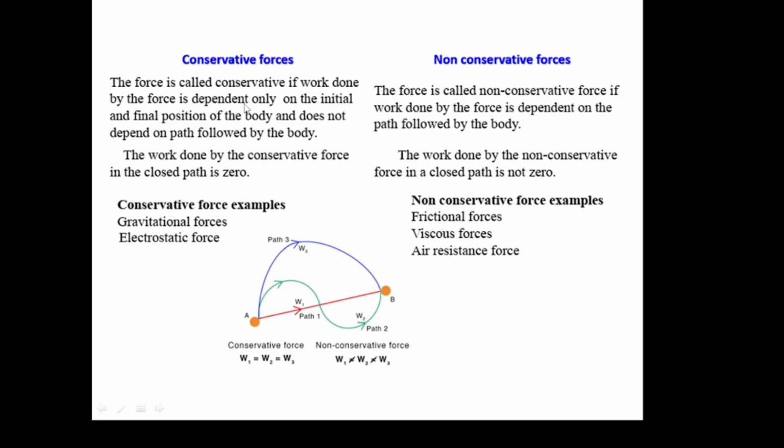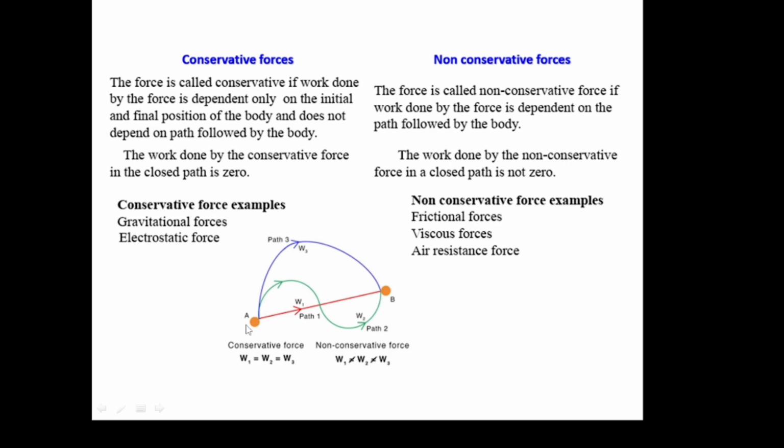A force is called conservative if the work done by the force depends only on the initial and final position of the body and does not depend on the path followed by the body. That means the work done by a conservative force in a closed path is always zero. Examples are gravitational forces and electrostatic forces, and they are also irrotational vectors, because del cross these vectors is equal to 0.